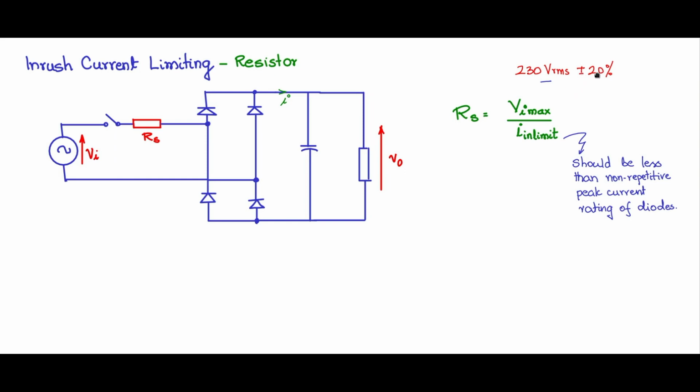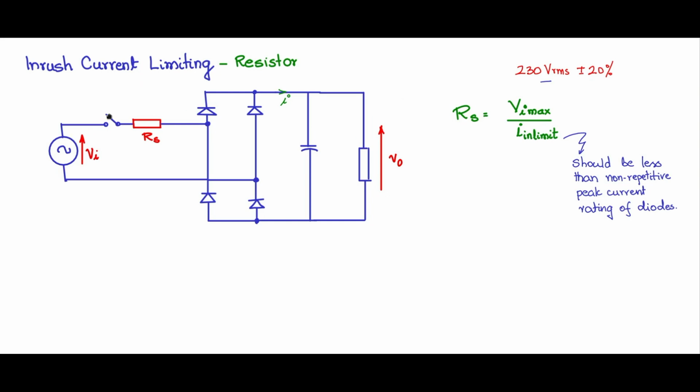So you can accordingly take the tolerance limit according to the place. Let us say we have a tolerance limit from the nominal 230 volts. It can go plus or minus. For us, the worst case for this application is plus 20%.